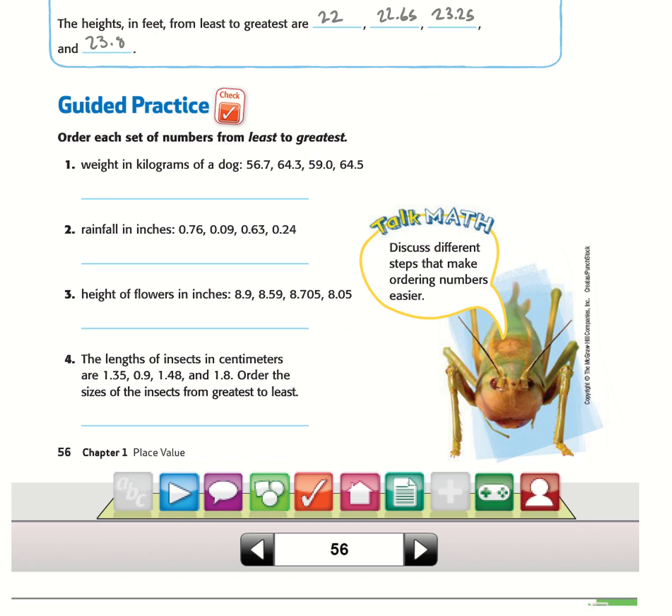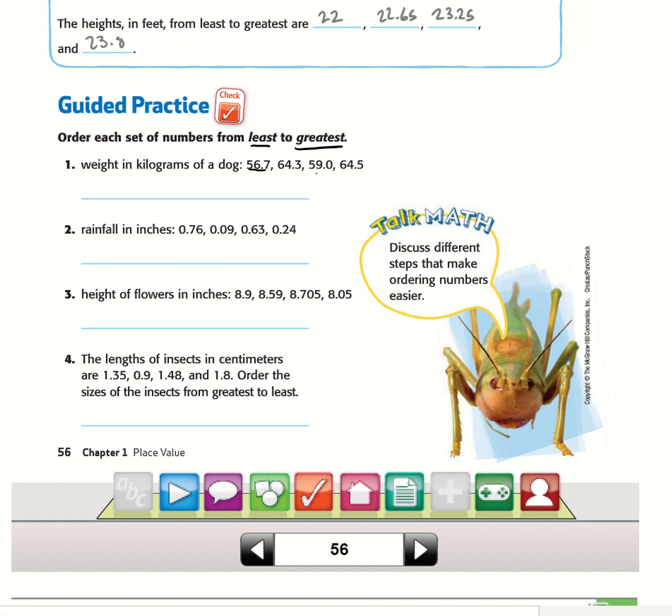So I'm going to start off by reading the instructions. Order each set of numbers from least to greatest. That means my least number needs to start first. So number 1, 56 and 7 tenths, 64 and 3 tenths, 59, and 64 and 5 tenths.